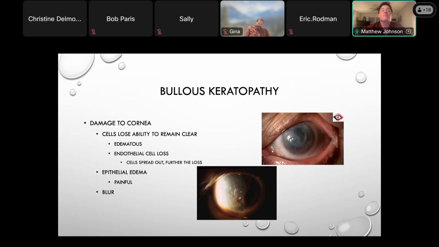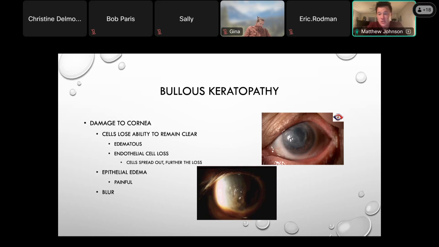Something with the surgery goes wrong, and so the cells lose their ability to remain clear. They become very edematous, they swell, and the endothelial cells spread out, and because the endothelial cells are dying on you, you're getting more swelling to the cornea.